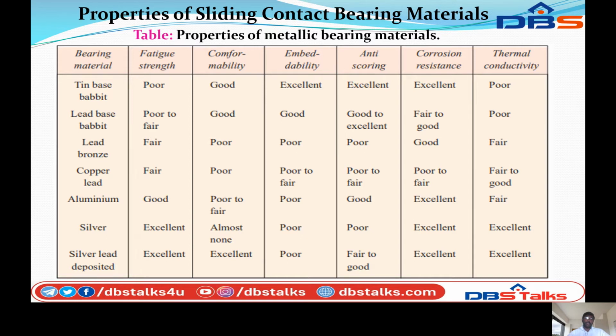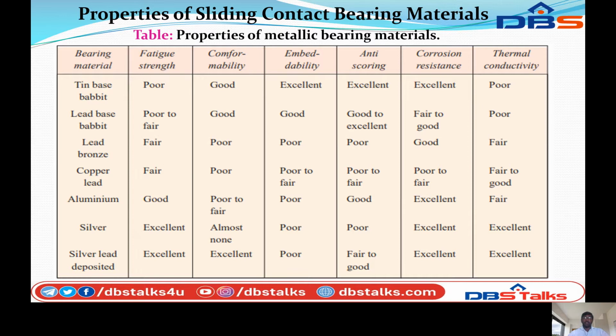Next, coming to another material, copper lead. The fatigue strength is fair, conformability poor, embeddability poor to fair, anti-scoring poor to fair, corrosion resistance poor to fair, and thermal conductivity fair to good.